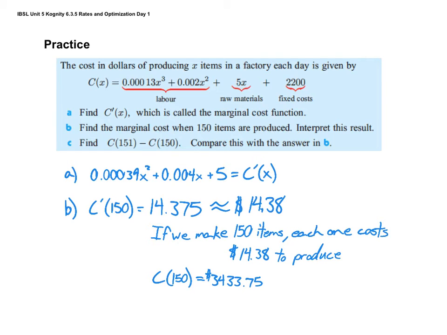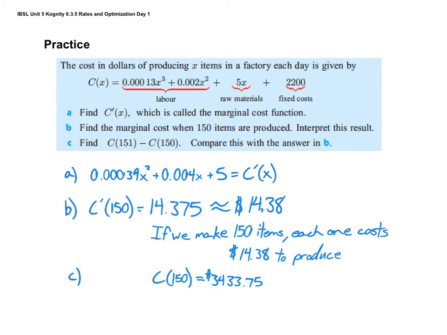So to get a total cost of 151, you wouldn't have to put it back in, you just add 14.38. That's the idea. Now, part C here says find C of 151.